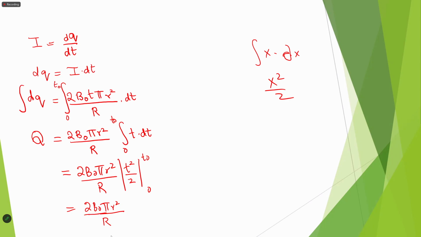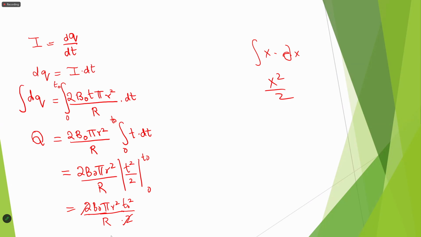So it becomes t naught square by 2. Correct? This 2 and this 2 cancel out with each other, and that's the answer: b naught pi r square t naught square by R. The small r is the radius and the capital R is the resistance. Any doubts still here? No, miss.